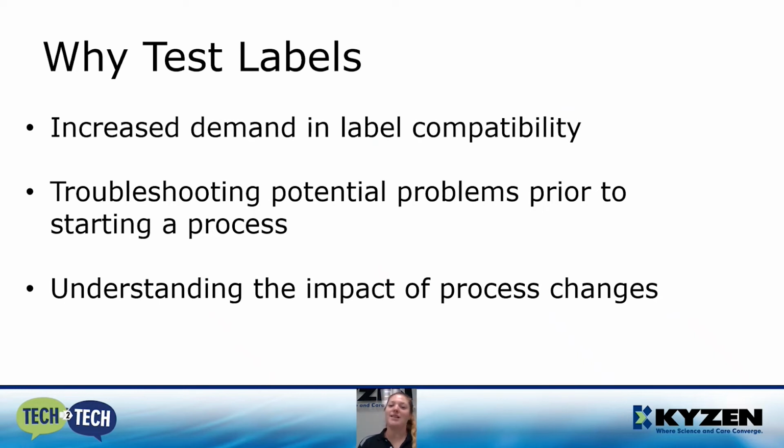So if a customer has an existing label that they're looking to use, we can look into our database or run that testing and see any potential problems that could occur in that process. And then understanding the impact of a process change. If something deviates, a label shifts when they're placing it on a board or they're looking at changing a chemistry, we can see how that all will be affected later on.